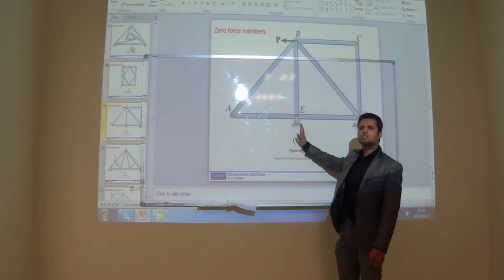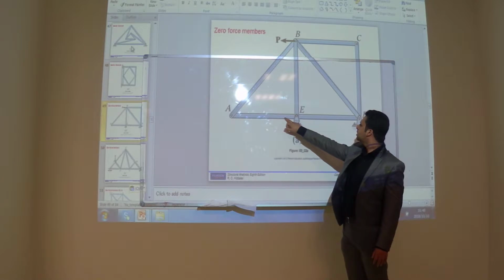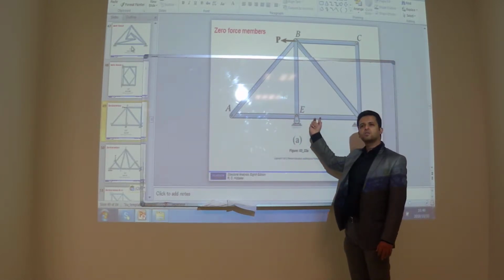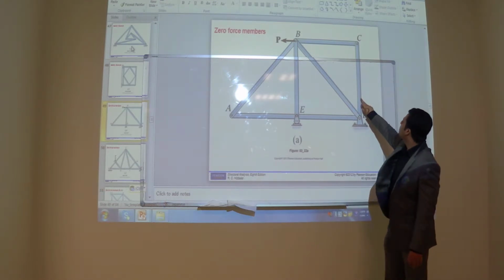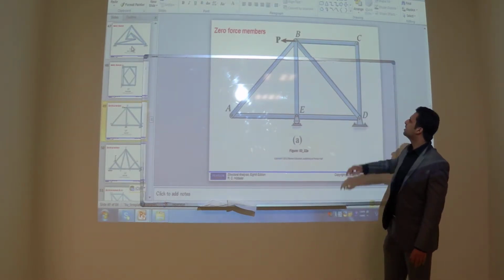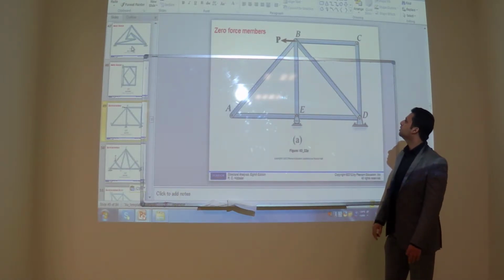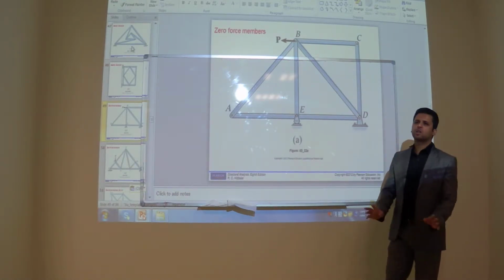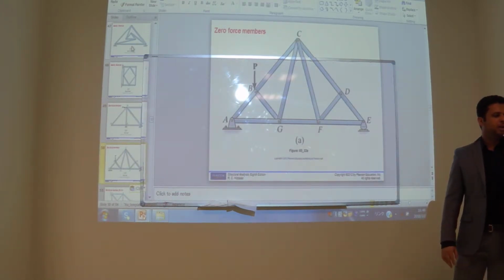It's directly going out. So if the force in this member is 0, the force in this member will also be 0, and the force in this member will be 0. So there will be only two members which could be stressed. I'm not going into more debate because I want to keep your life simple.